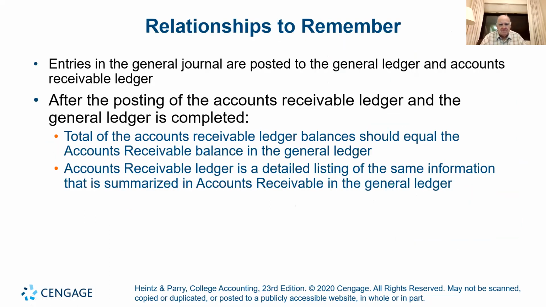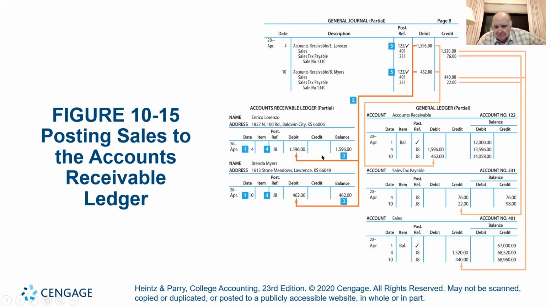Relationships to remember. Entries in the general ledger. After the posting of the accounts receivable ledger and the general ledger, guess what? The total of all of the accounts receivable ledger balances has to equal the accounts receivable balance. It would be a horrible thing, wouldn't it? If we said we owe 14,058 and these are the only two we could find, we'd have a big problem.